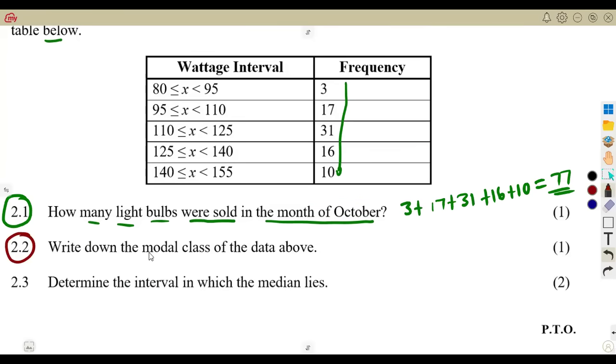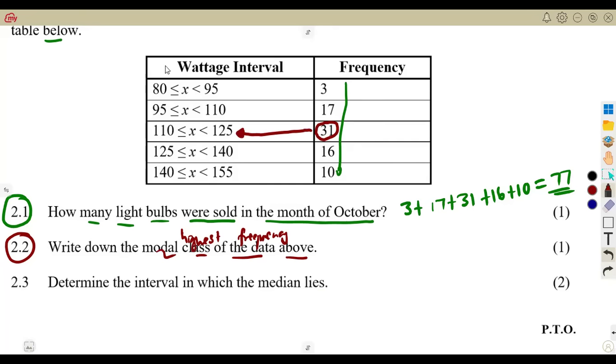On 2.2, write down the modal class of the data above. The modal class is the one with the highest frequency. Which class is having the highest frequency? The highest frequency, the biggest number, is 31 under the frequency. But which class is having that? This one.